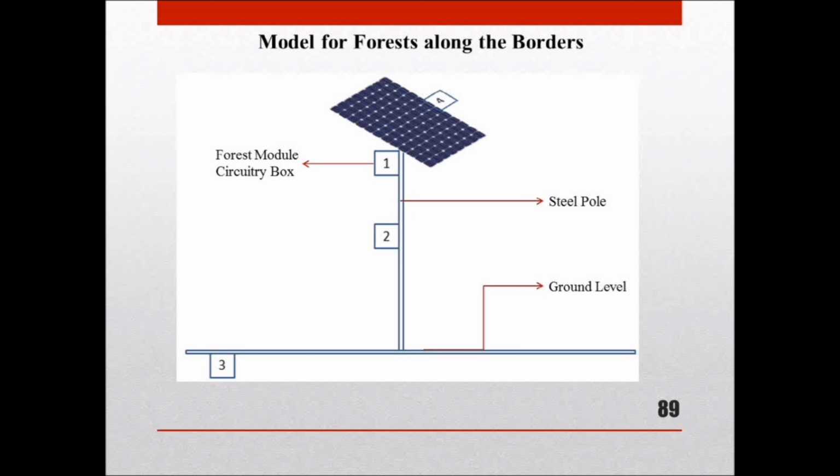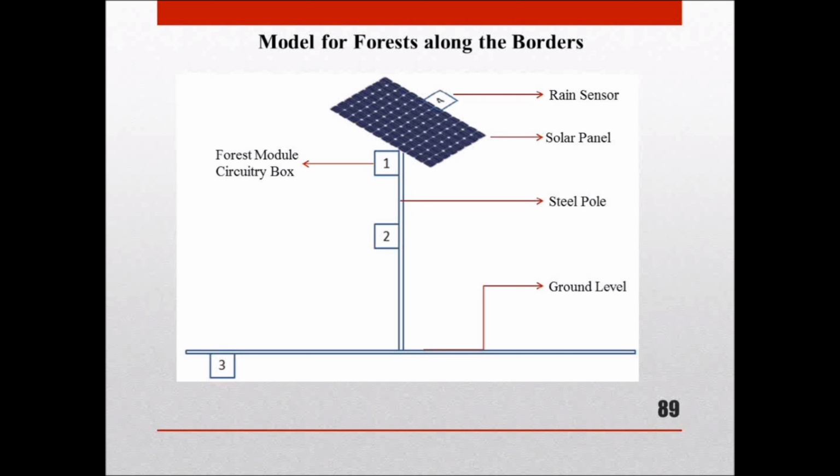Now in position 1, the forest area module circuitry box is placed, and above that the solar panel is placed. The solar panel is placed above the forest module circuitry box so that the circuitry box will be in a safe position from sunlight or rain if it is kept below the solar panel.